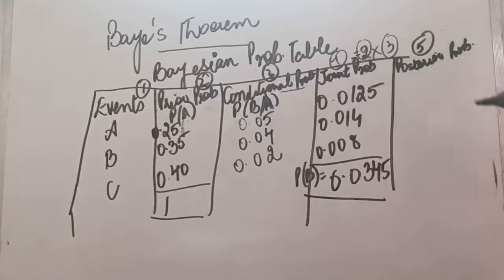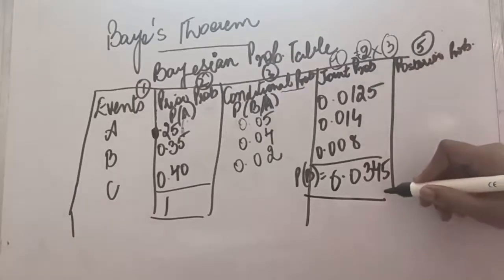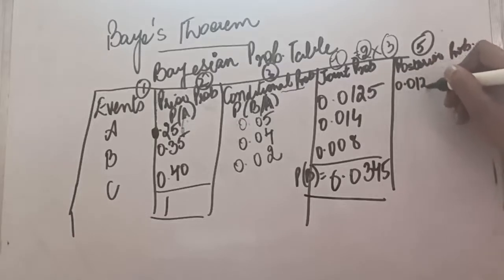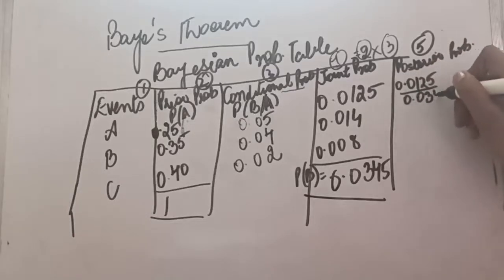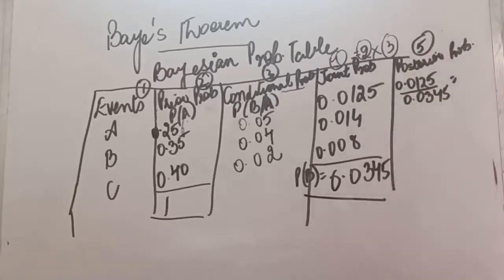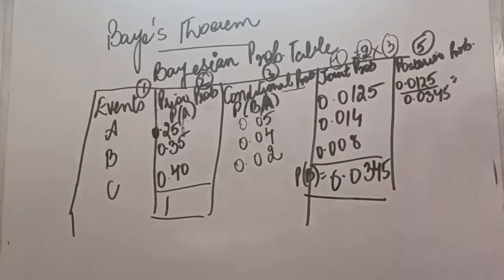Now the last column will be our fifth column, which is known as posterior probability. So posterior probability will be calculated by the fourth column divided by the total of this column. So 0.0125 divided by 0.0345. So this joint probability divided by total, so that we can see how much are the chances that the defective product is from machine A. It comes out to be 0.36.